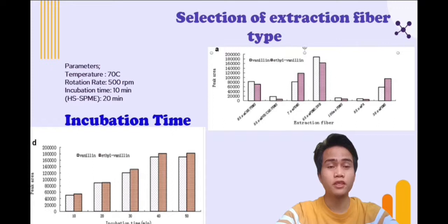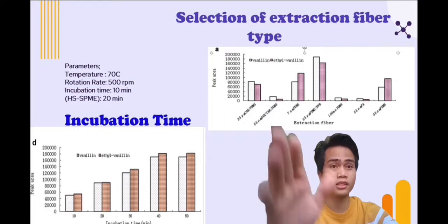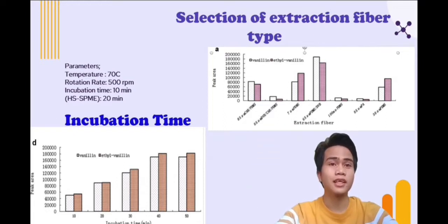Extraction effect on 7 different types of extraction fiber on a matrix standard mixture solution were tested and the results are shown as above. The results indicate that the peaks of analyte obtained from the 7 different types of extraction fibers were well separated.